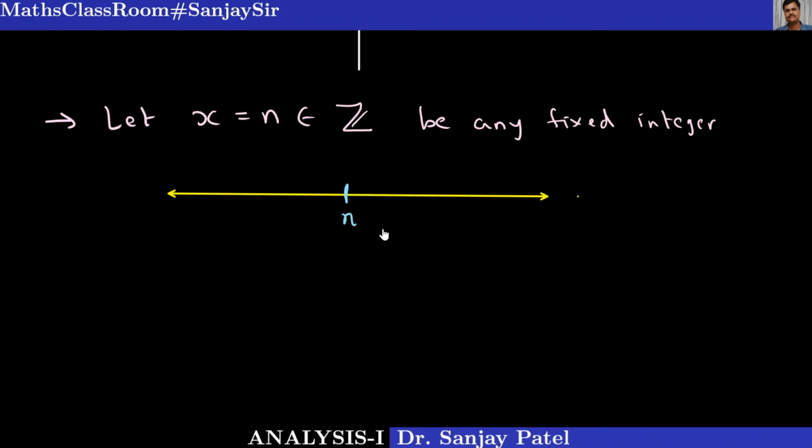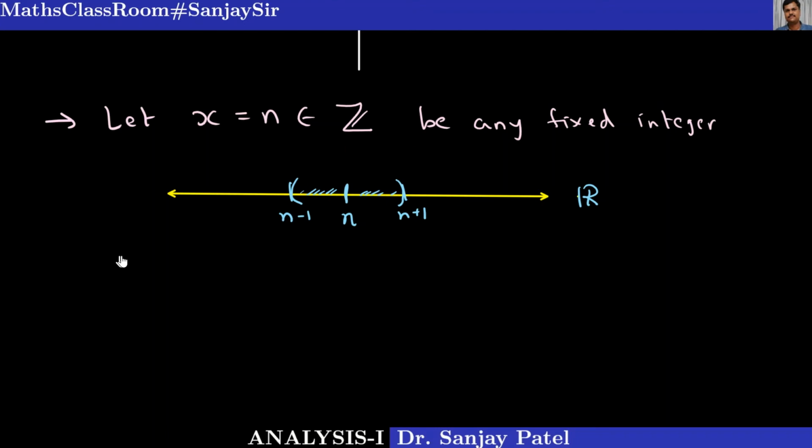I don't know what is the value of n. And whenever we want to discuss continuity or discontinuity at an integer, we have to always take a small neighborhood around this point. We don't have to think of all points on this number line R. Instead, we should take some small region, and that region I am going to take by taking two consecutive integers n minus 1 and n plus 1. So these are the two nearmost integers, the next integers to n. So I will be concentrating on this interval and points within these intervals.